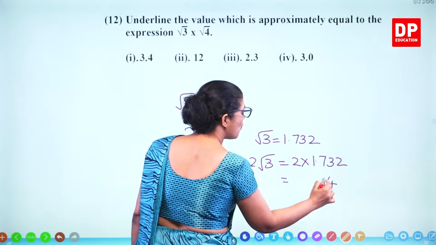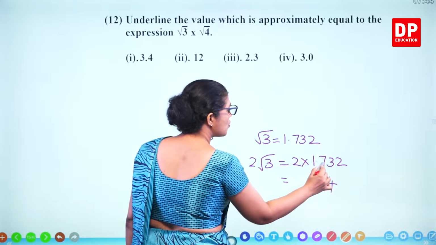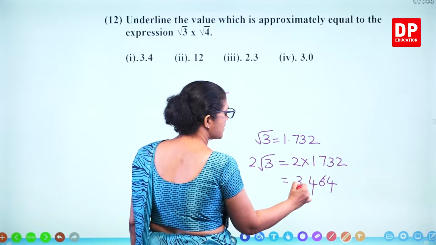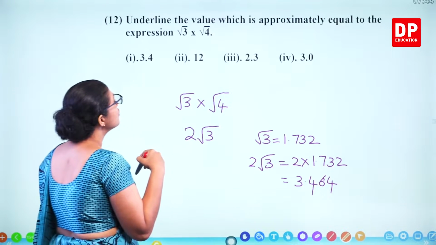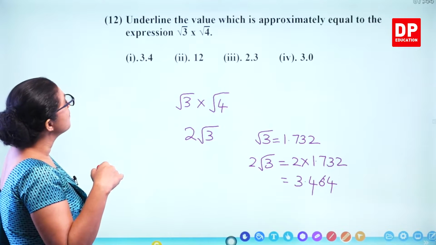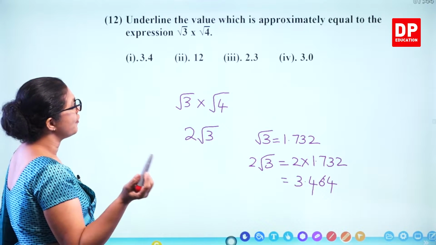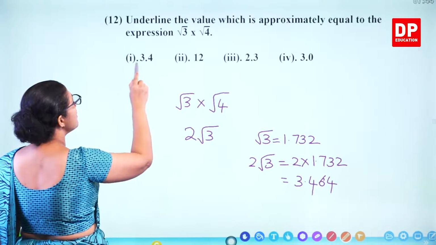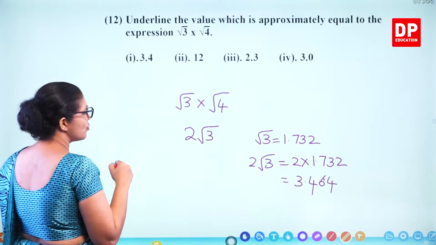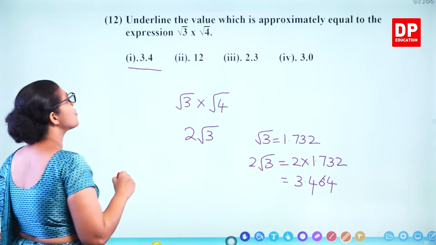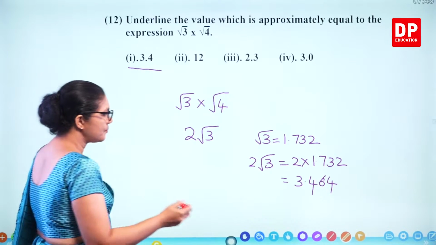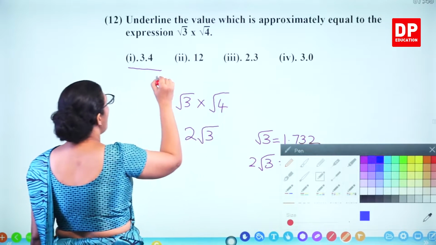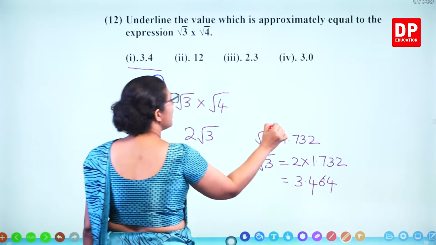So 3.4 something. So not 3, close to 3.4. So this is the closest value. So you get 1 mark for identifying this one.